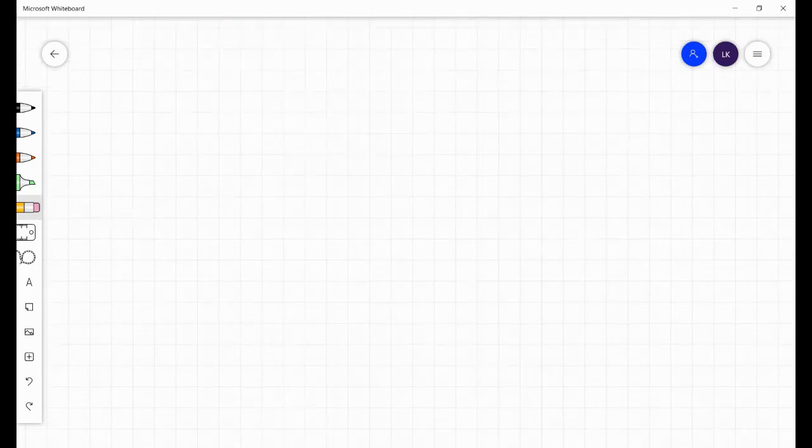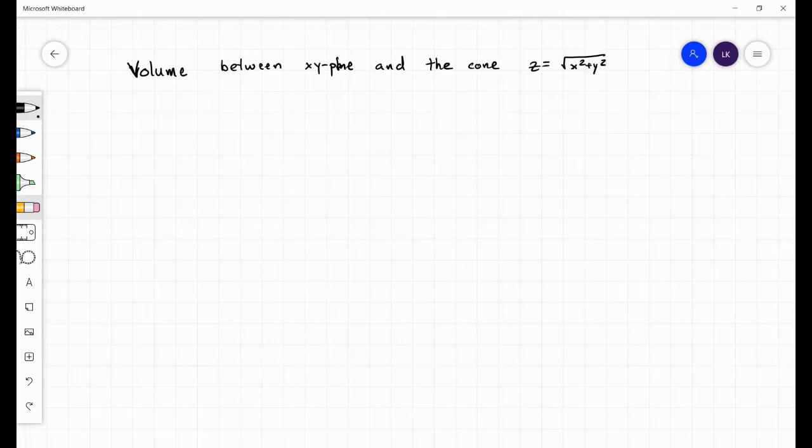So now suppose we want to find the volume between the xy plane and the cone, where z is equal to the square root of x squared plus y squared, in the region of the xy plane that's bounded, let's see, let's say, can we say this, that's in the first quadrant.